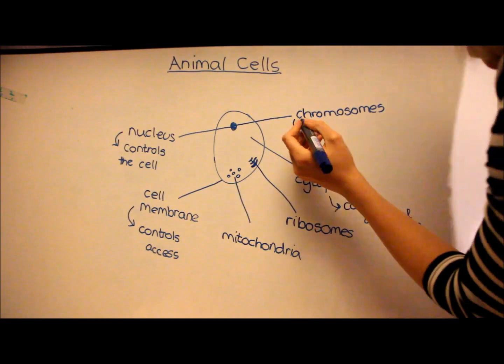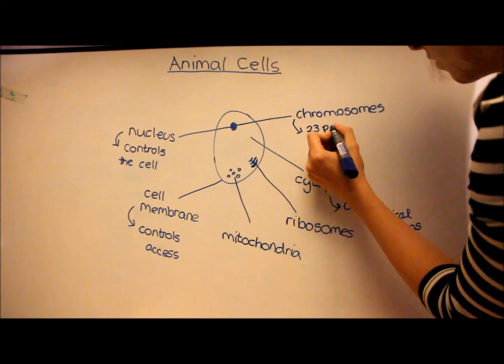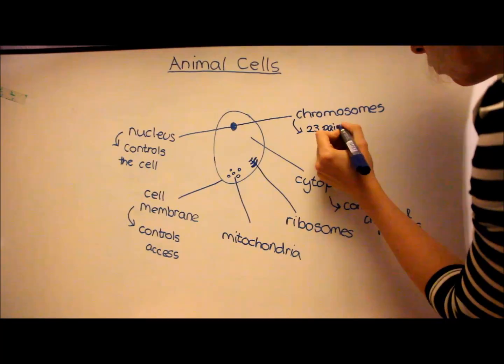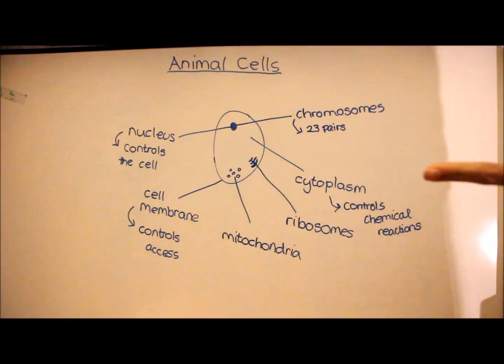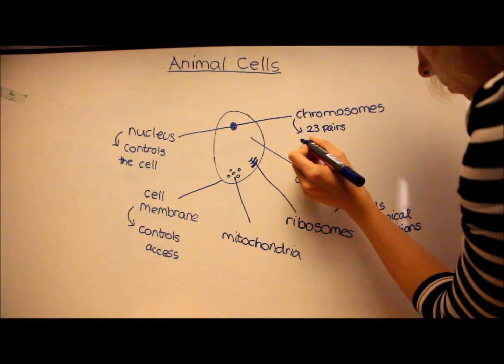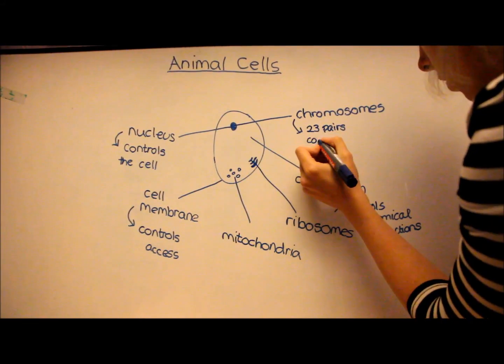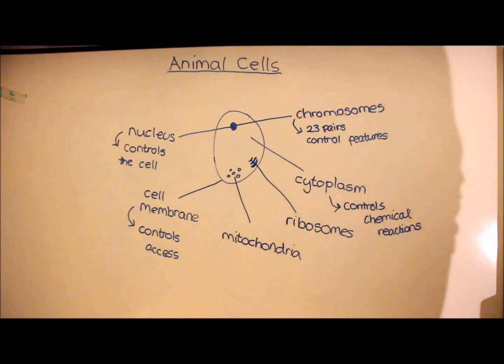Give yourself a big tick if you said there are 23 pairs, or if you said that there were 46 individual chromosomes. The only exception to this is in people with Down syndrome who have 47. So there's 23 pairs of chromosomes in a normal animal cell, and they control the features. And they should be half and half, the same as your parents.